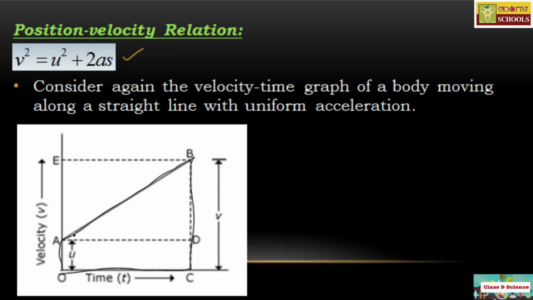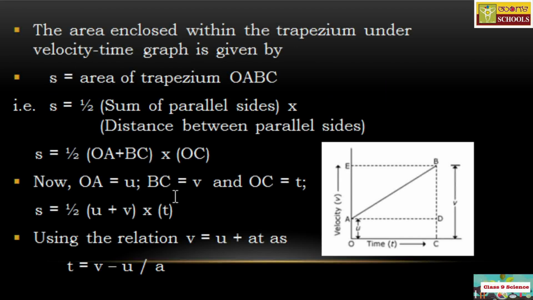So if you want to find the area of this trapezium, what will you get? You will get the distance traveled or displacement. It can also give you the displacement, that is S, small letter s.